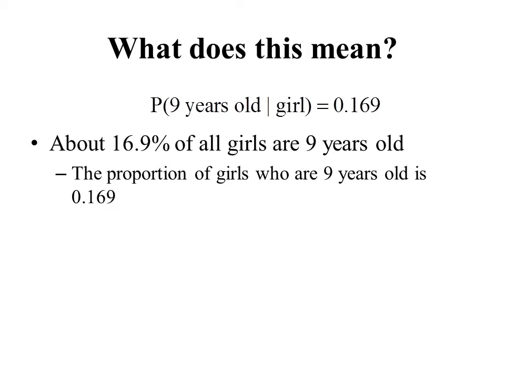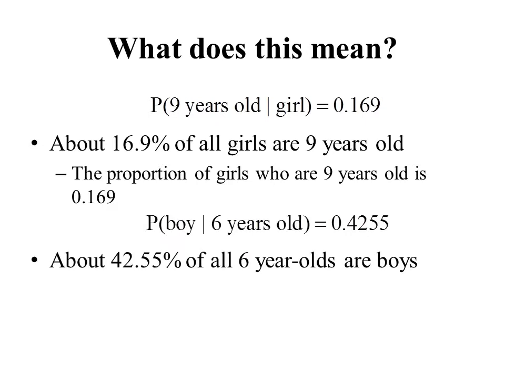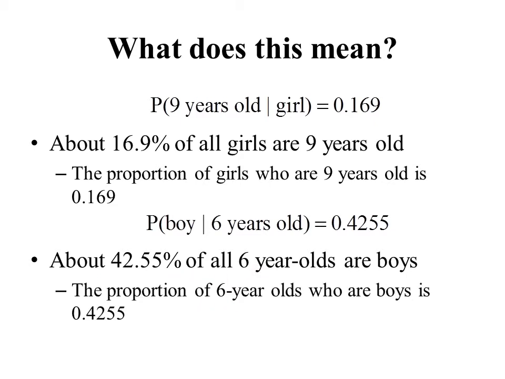Remember, a proportion is just the decimal equivalent of a percentage. Our second conditional probability, the probability that it's a boy given that it's 6 years old, is 0.4225. That means about 42.25% of all 6-year-olds are boys. Or stated in terms of proportions, the proportion of 6-year-olds who are boys is 0.4225.